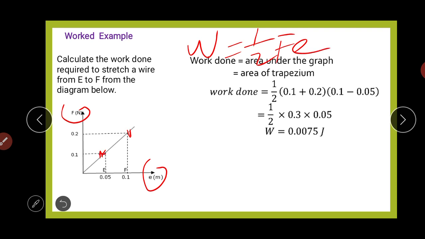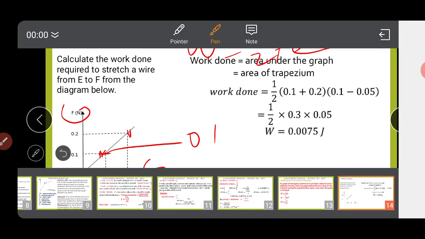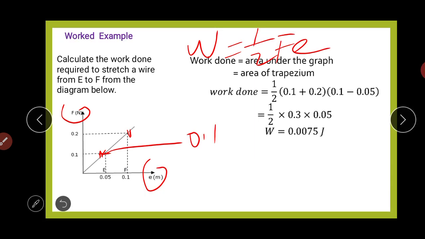In the first case, we have our force to be 0.1 and the extension to be 0.05. In the second case, we have our force to be 0.2 Newton and the extension to be 0.1.